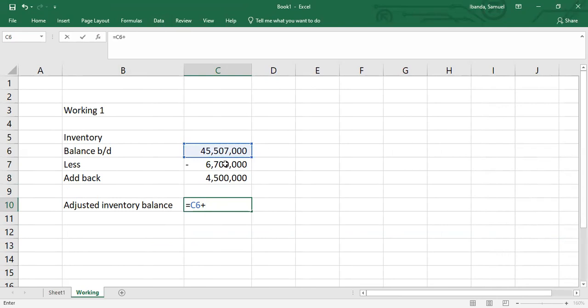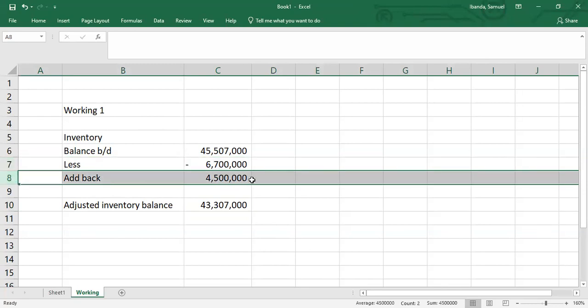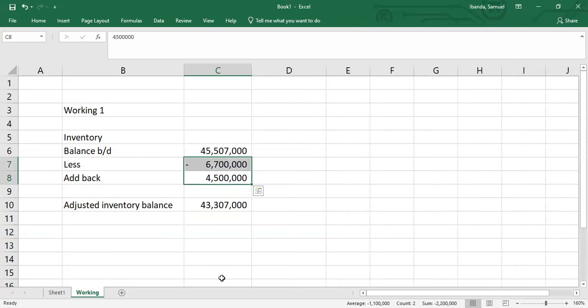Since it already has a negative onto it, and then add this, it will get me to 43,307. So what this means is that I've removed the inventory that is worth 6.7, and I've added the right value, which is 4.5, for this same inventory.